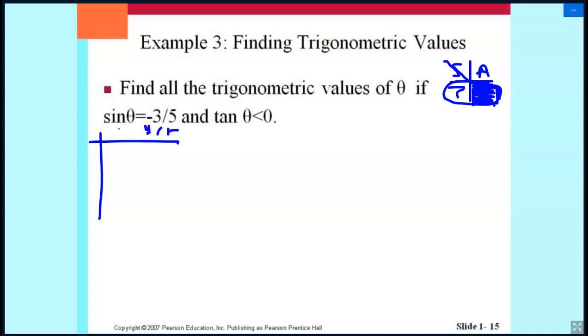Remember that sine of theta is y over r. So that's kind of like saying this goes down 3 on the y coordinates. And I have a radius of 5. So I need to use the Pythagorean theorem to find x.